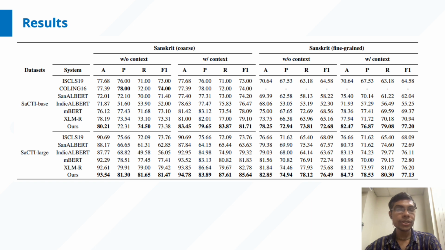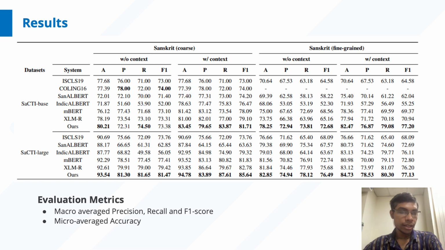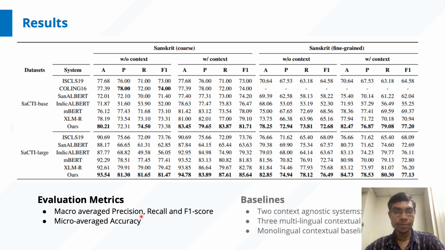Coming to the results section, we have used macro level precision, recall, F1 score and micro level accuracy as the evaluation metrics. For baselines, there are context agnostic baselines, multilingual contextual baselines and monolingual contextual baselines. As mentioned earlier, there are two experimental settings.